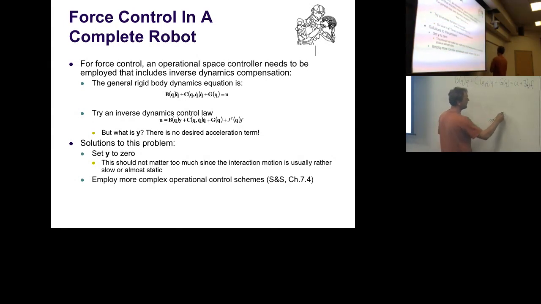The simple picture was this. If this is your simple robot arm and you're pushing here with a force, what is the torque that every degree of freedom has to generate in order to hold out against the force?